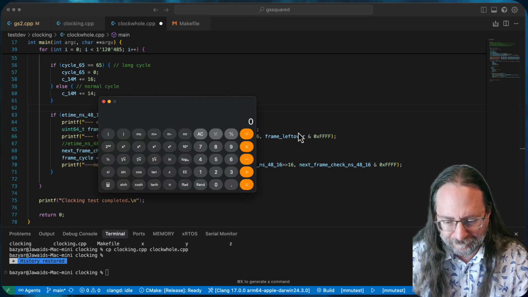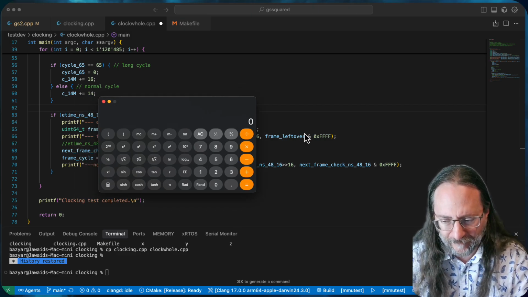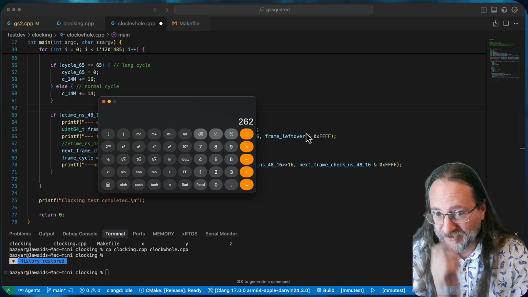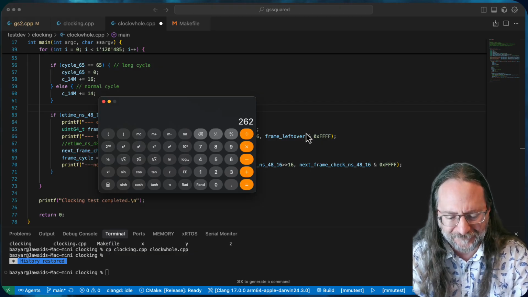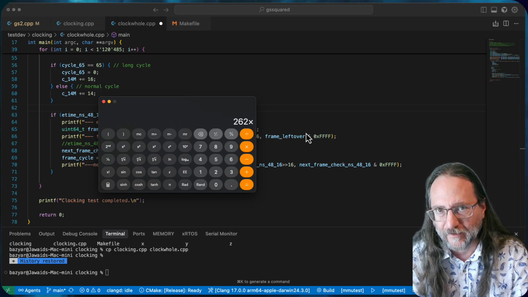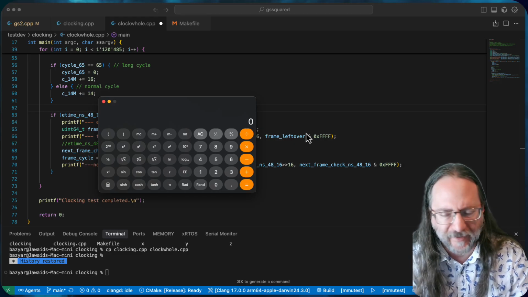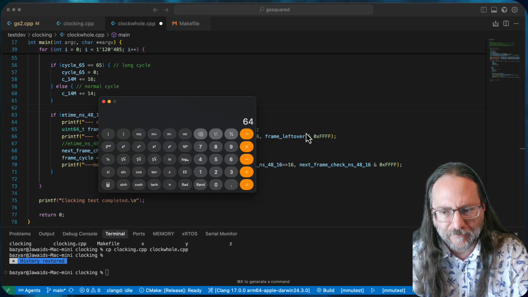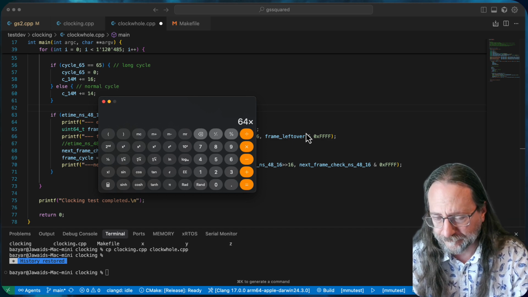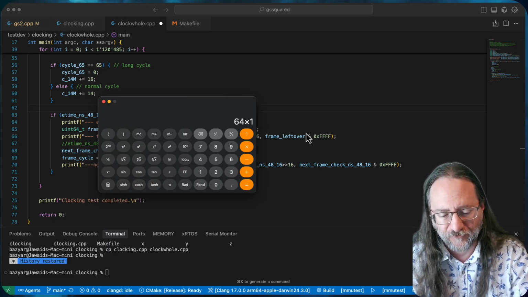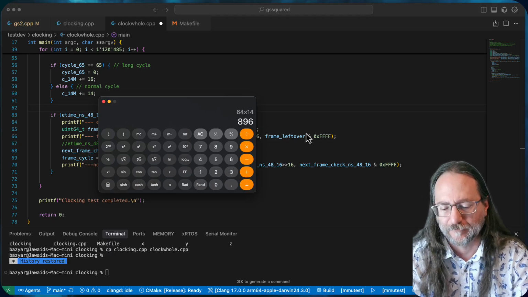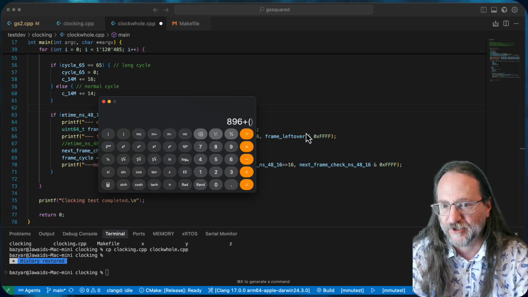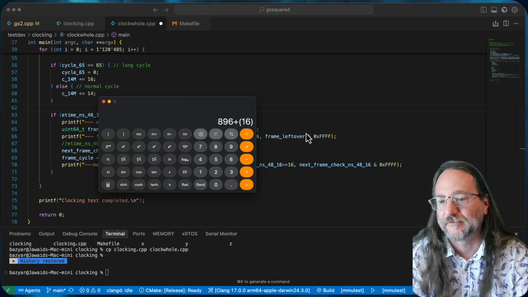It's 262 scan lines times, and I'll remember that here in a minute. Every scan line is 64 cycles of 14Ms. And then there's an additional cycle, the 65th, of 16 14Ms.